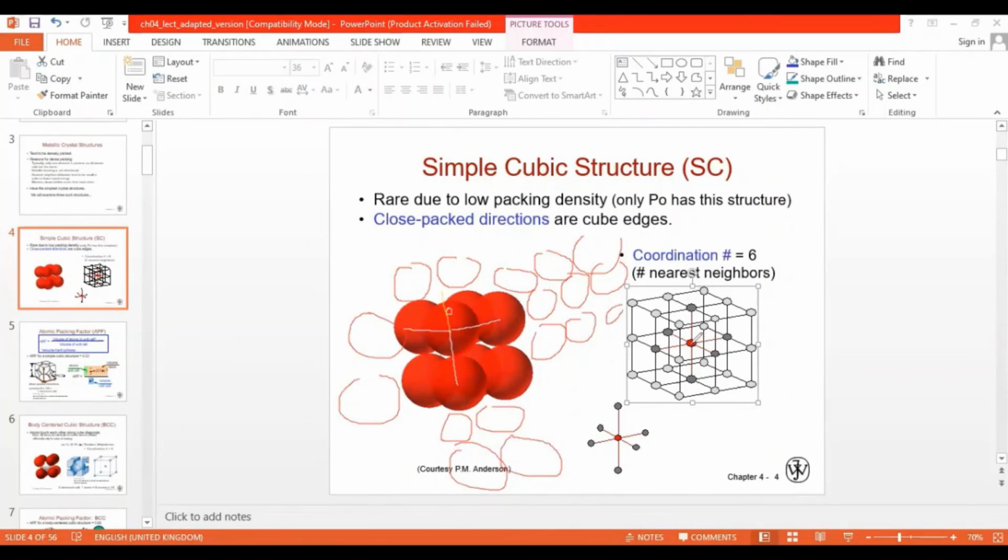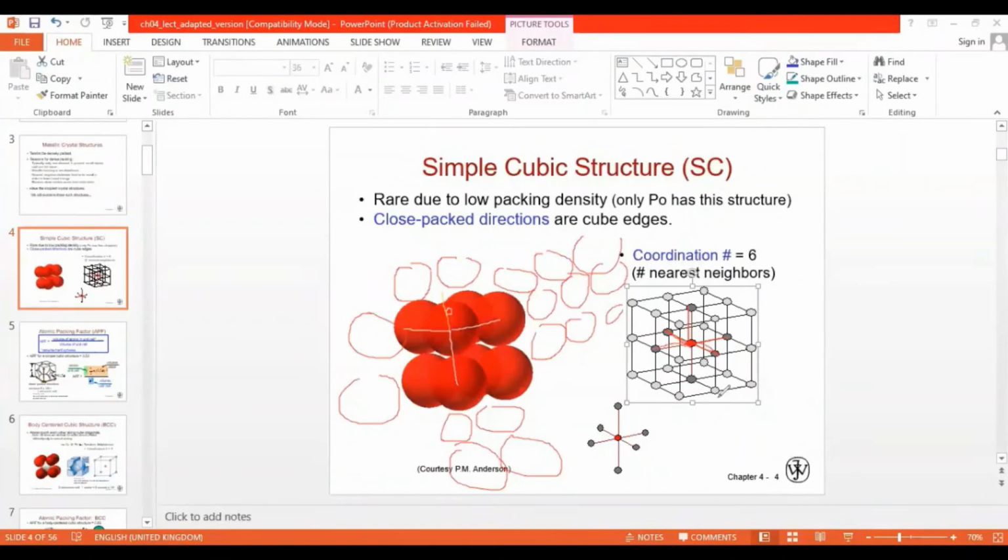If I assume this as the red atom, this way one, that is this one. This white one, that is this one. Top side one, that is this one. This side one, that is this one. This side one in front of the atoms, that is this atom.